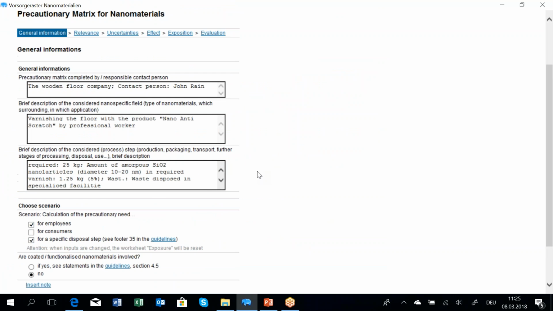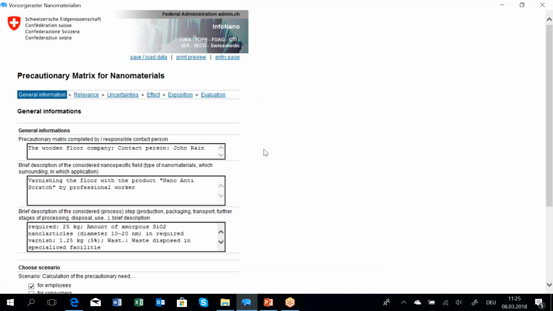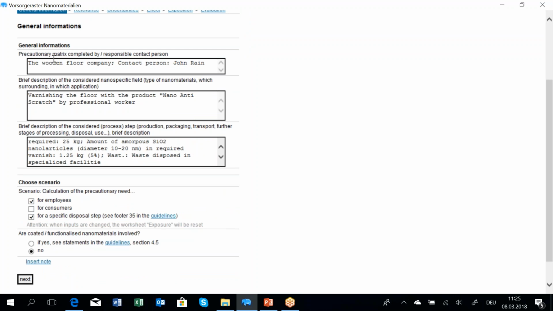First, you will have to fill in the general information. We have here who is filling in this precautionary matrix. In our case, it's the Wooden Floor Company with the contact person John Rain.